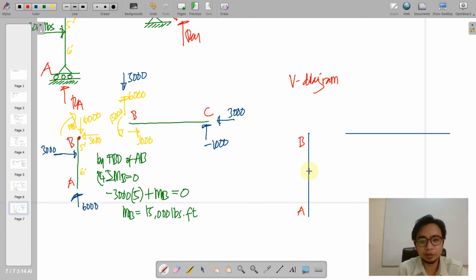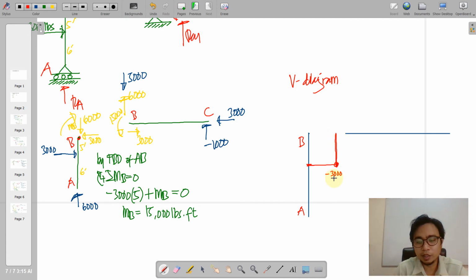So from 0 to 6 here, there's still no loading. No loading, and then it will push 3,000 shear here inwards. Okay, so we will be having here 3,000. And then it will remain to be 3,000 here.